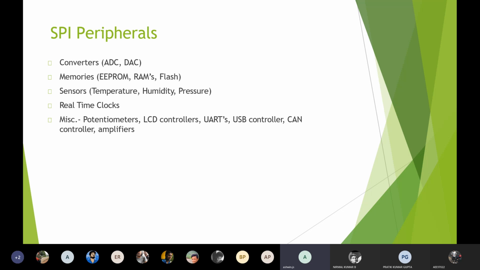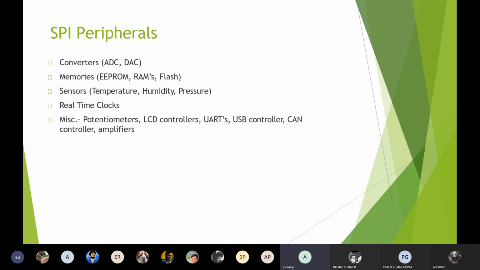Why? Because a sensor will read something and produce some output, but we need to transfer it in a normal format. So in that case, I connect the SPI, and I can also use it in the real-time clock. Why? Because the real-time clock is used for measuring time and it gives the exact time, like 24 hours.